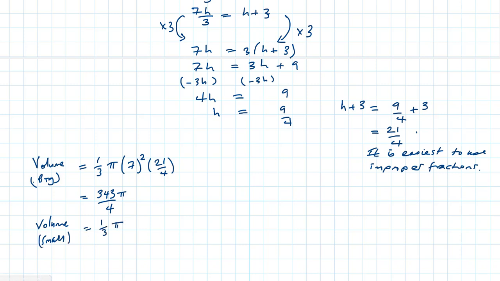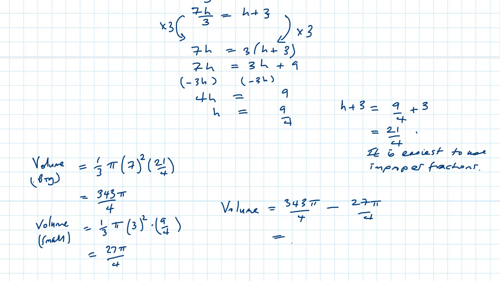Same process, and again, get my answer exactly in terms of pi. And therefore, to find the volume of the frustum, find the difference between the two of them. And this one actually comes to be a nice answer, 79 pi, which I can give to whatever degree of accuracy the question is asking me for.